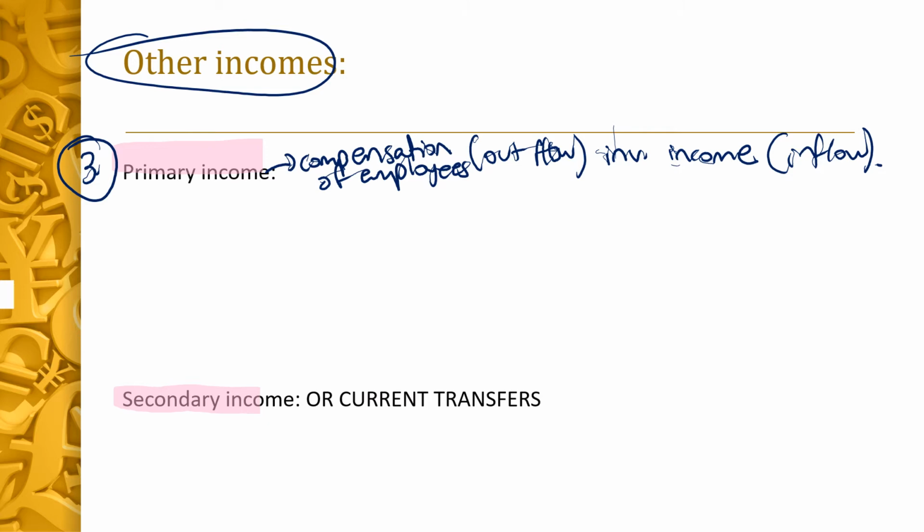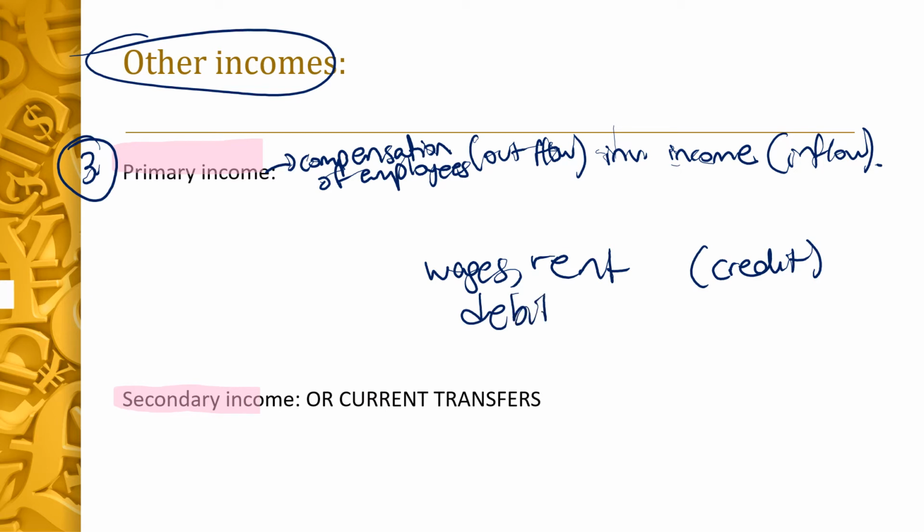It can include wages, rent and investment incomes received from non-residents, and if this is the case, I would put it under credit. And also it could include the debit, which is wages, again, rent, and investment incomes that are paid to non-residents.